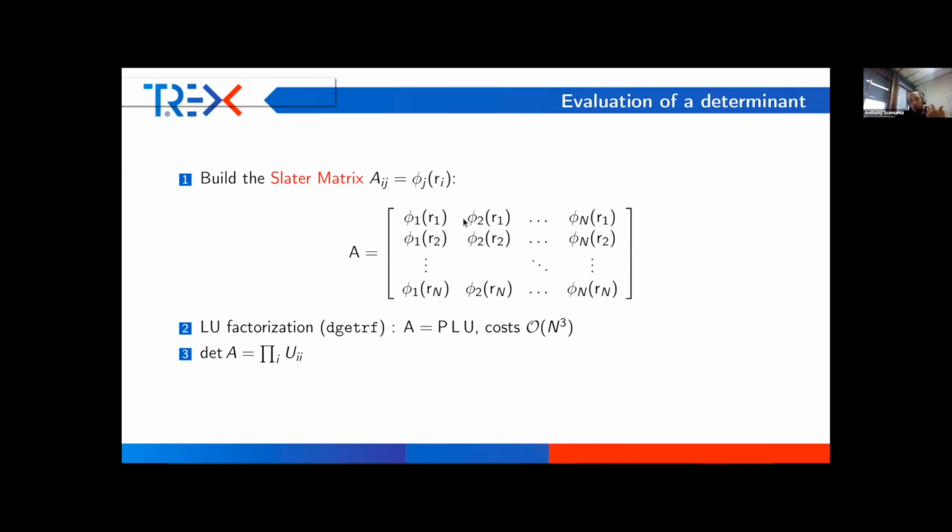The total cost is n to the cube, where n is the number of electrons. Remember, you need one Slater matrix for the alpha electrons and one for the beta electrons, so the n here is the number of alpha or beta electrons. Once you have done the LU factorization, the determinant is just the product of the diagonal elements.